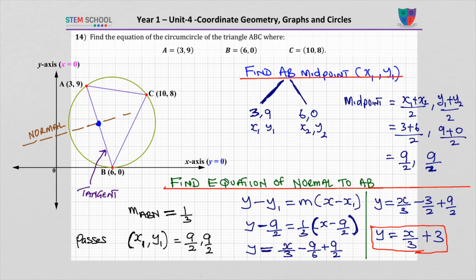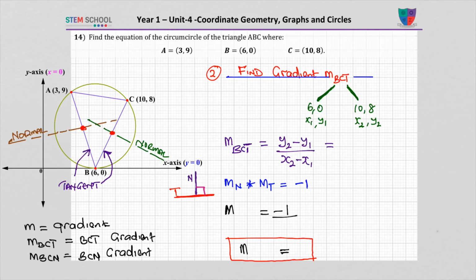Now I need to find the equation of the normal to BC. So I'm going to do exactly what I did for AB to BC and then find the equation of the normal, just like I have done for AB. Now I'm doing the same for BC. I've chosen BC, I could have chosen AC.